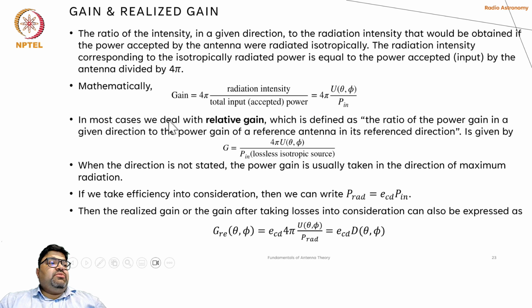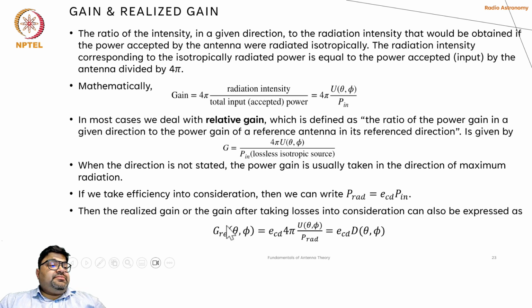In most cases we deal with relative gain, which is defined as the ratio of the power gain in a given direction to the power gain of a reference antenna in its reference direction. G is given by 4 pi U, the radiation intensity, over the input power for a lossless isotropic source.